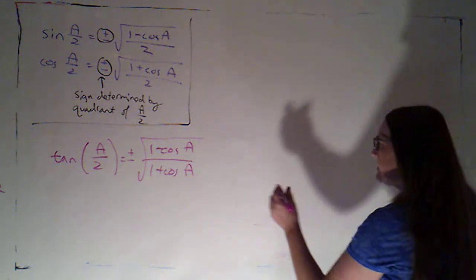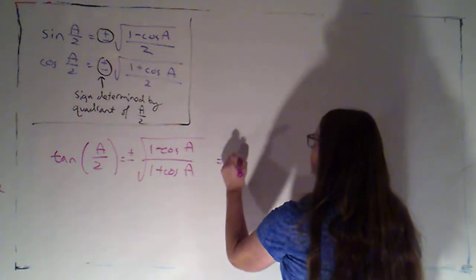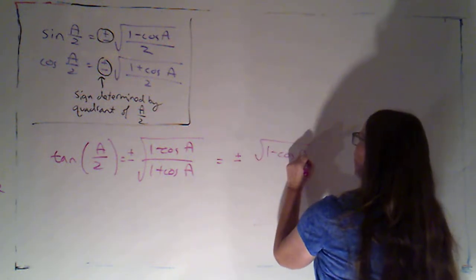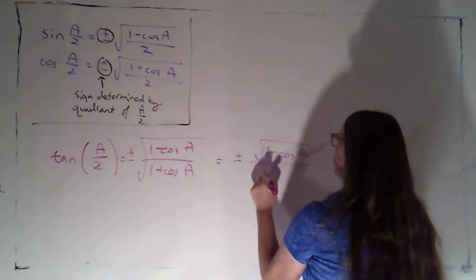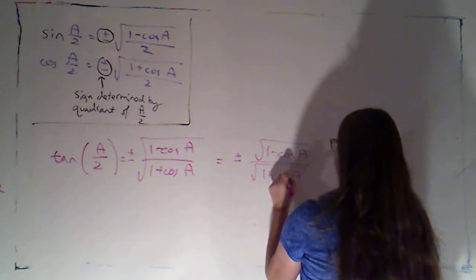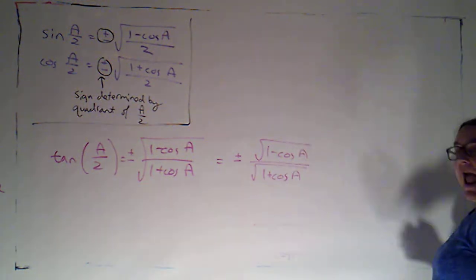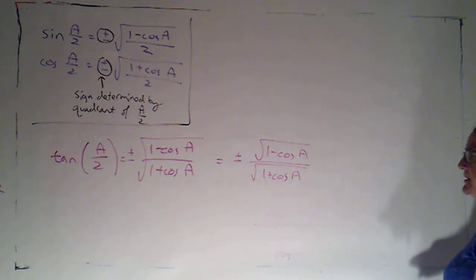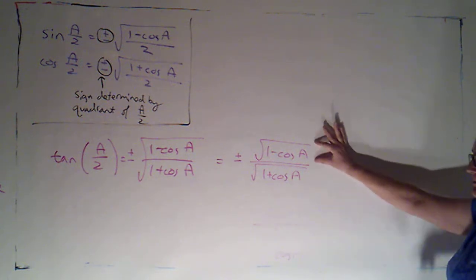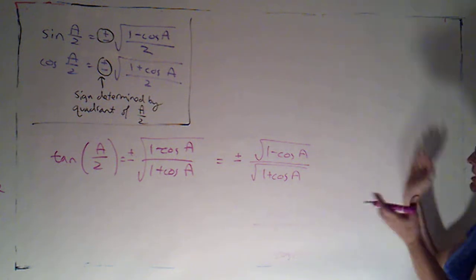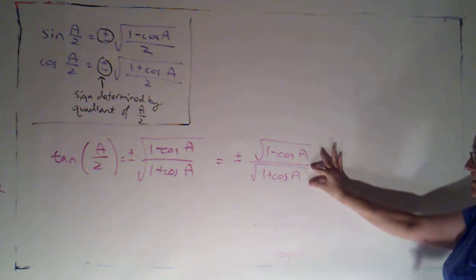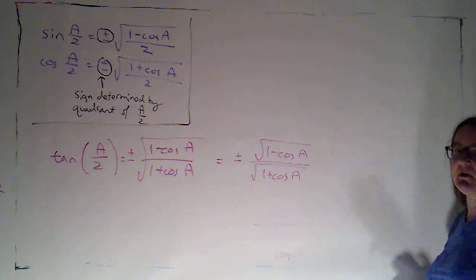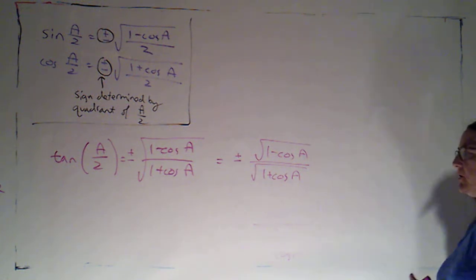So I'm going to notice that this is plus or minus the square root of 1 minus cosine A over the square root of 1 plus cosine A. I have two options for simplifying this. One is to multiply top and bottom by the square root that I have on top. The other is to multiply top and bottom by the square root that I have on the bottom. It's not obvious why either one is useful, but let's take a look.